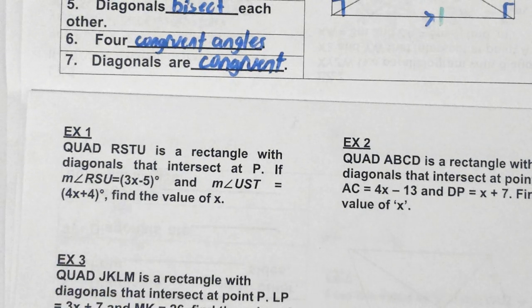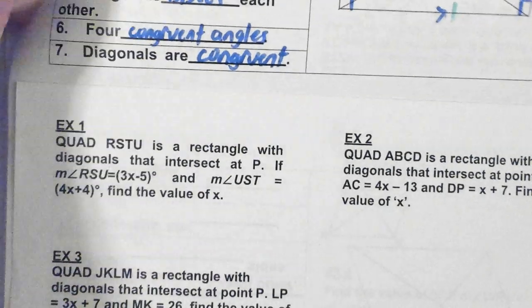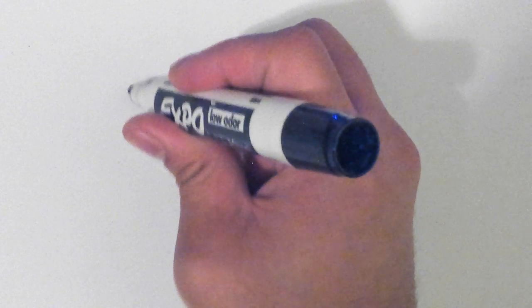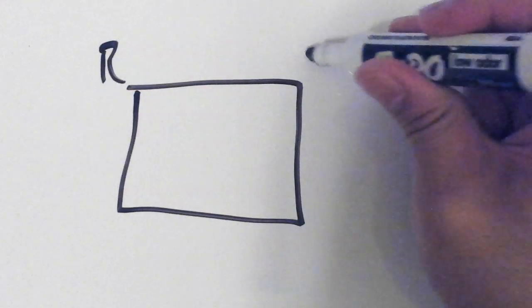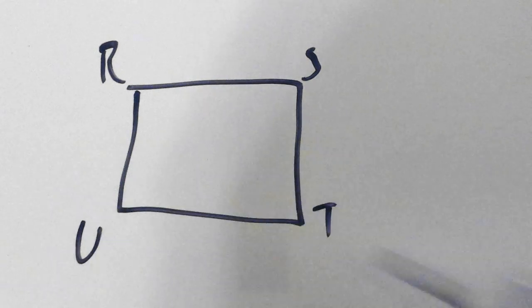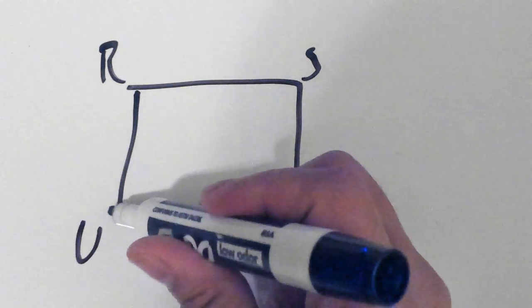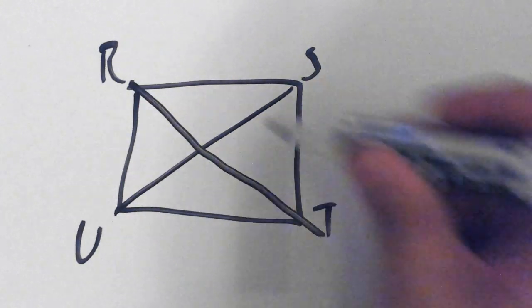So first thing I'm going to do is I'm going to draw this rectangle that they're trying to describe. So RSTU, it has two diagonals.